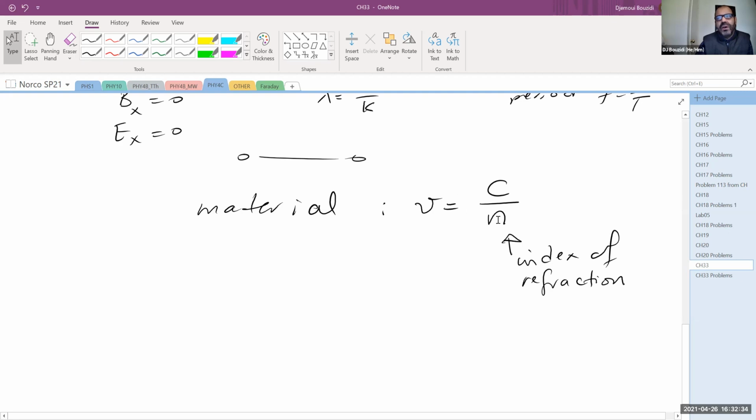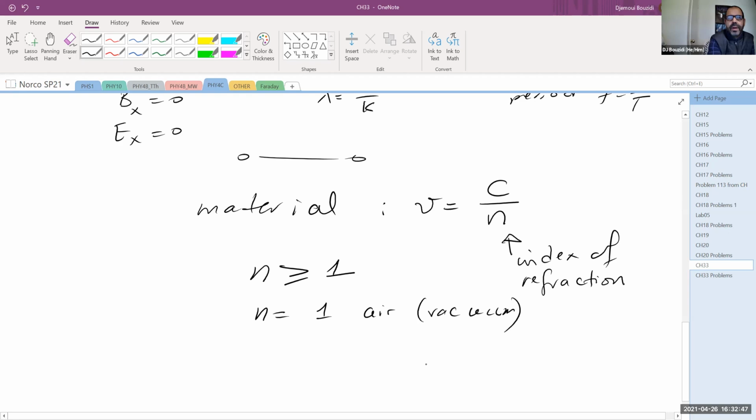Because n has to be more than or equal to 1. For air or vacuum, n is equal to 1. Anything else, n is more than 1.